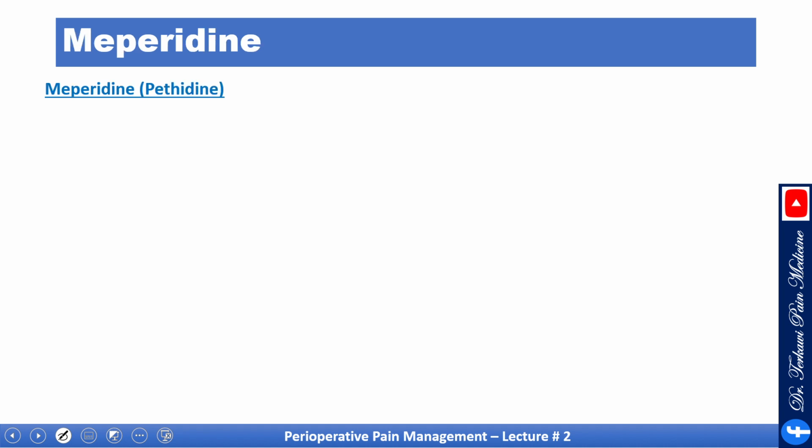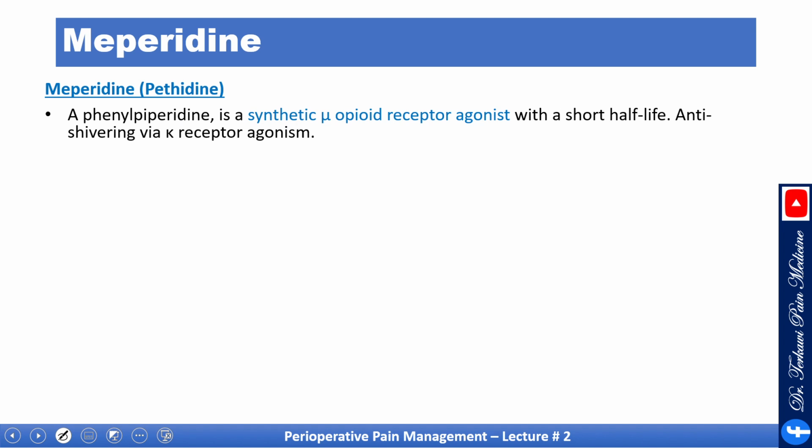Meperidine or pethidine. It's a synthetic mu-opioid receptor agonist with short half-life. It has anti-shivering effect via the kappa receptor.